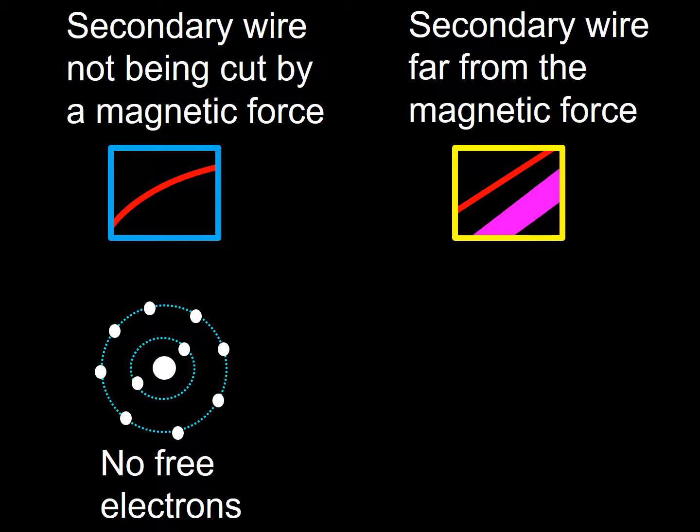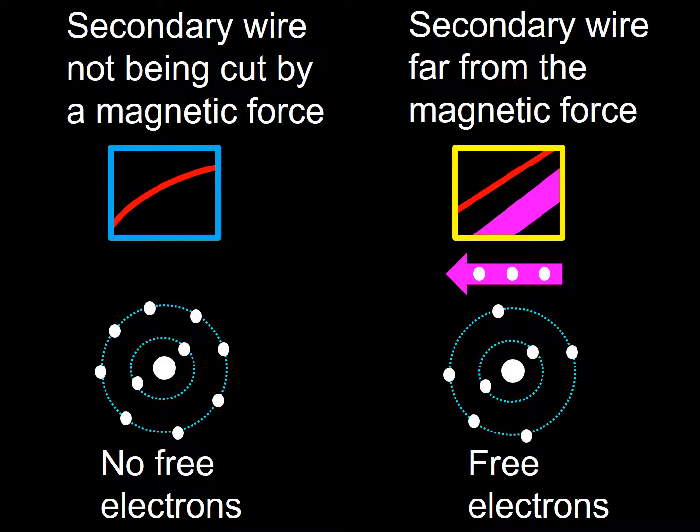So again, going back to the enlarged yellow square, you can see that the atom represented in the lower part consists of free electrons that are traveling, thus creating a current.